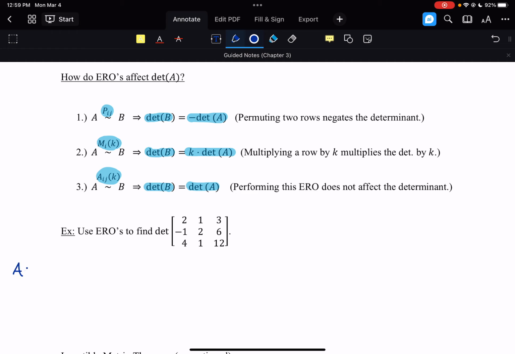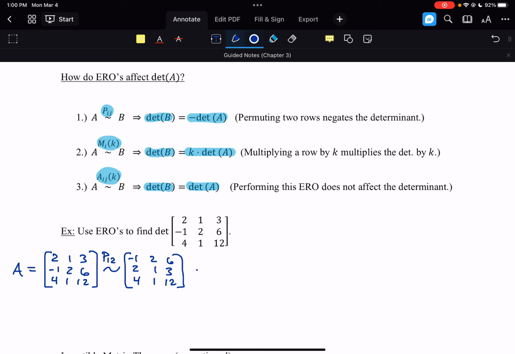So we're going to start with the matrix A. That's 2, 1, 3, negative 1, 2, 6, 4, 1, 12. I want this component to be a pivot, so I'm going to permute rows 1 and 2. So negative 1, 2, 6, 2, 1, 3, 4, 1, 12.